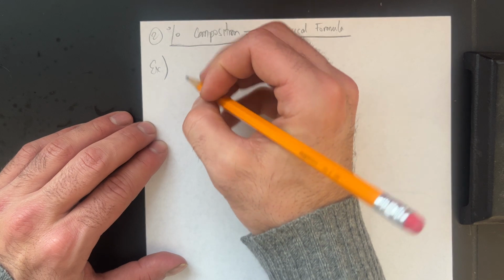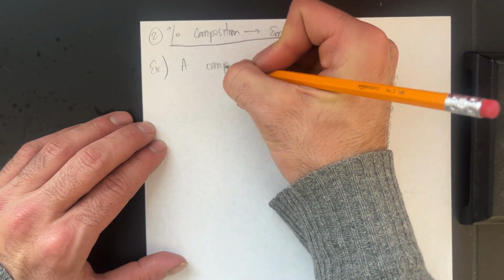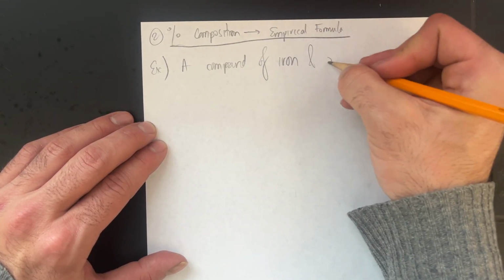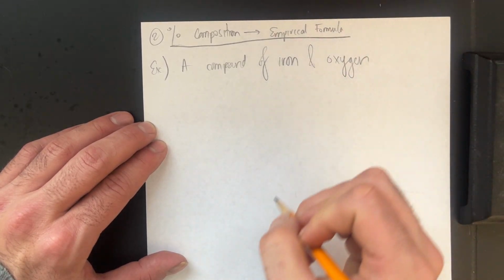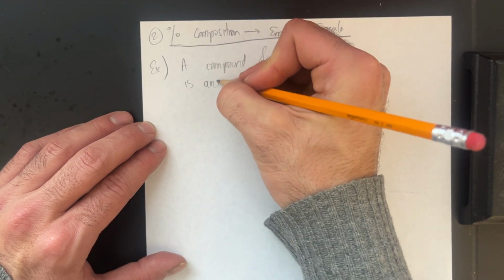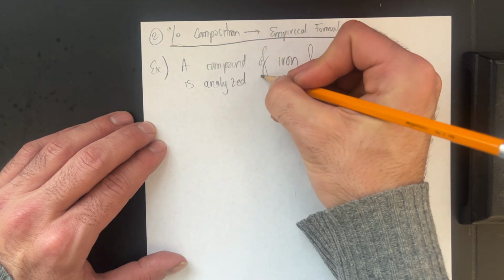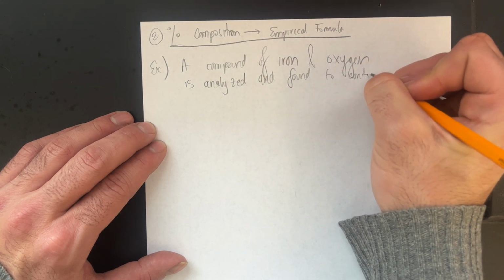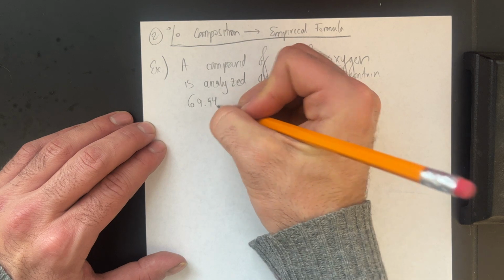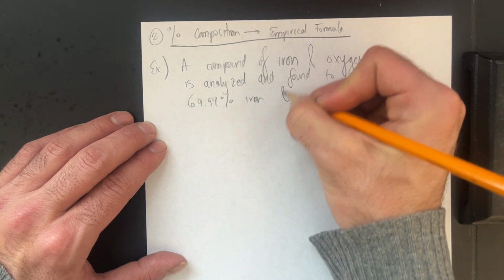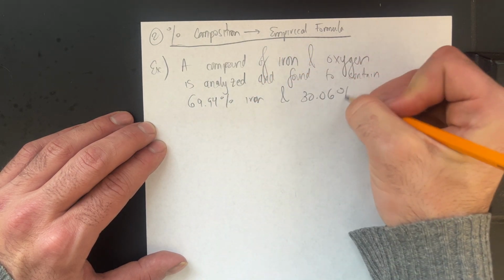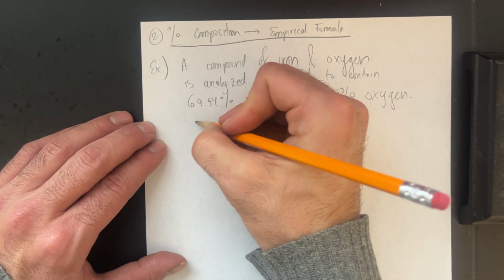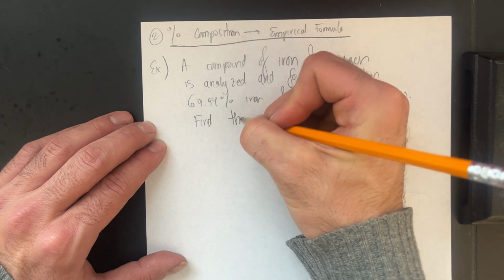Let's say we have a compound, and once we analyze it, it's iron and oxygen, and we find it to contain 69.94% iron and 30.06% oxygen. Can you find the empirical formula for the substance?